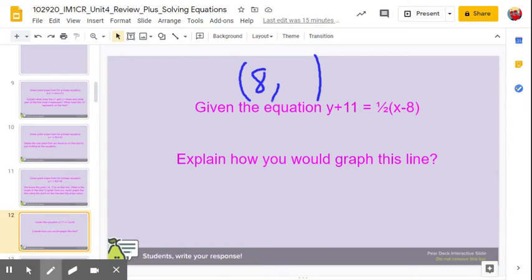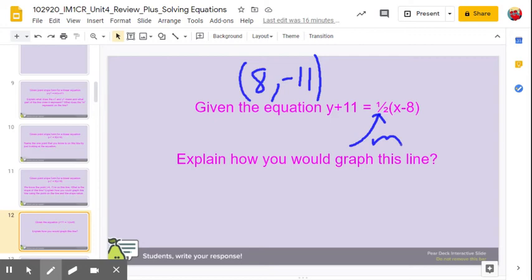And the y is going to be opposite of positive 11, which is a negative 11. All right, so it's 8 comma negative 11. So I plot that point on the graph. Then I look at the slope. The slope is 1/2. So from the point 8 comma negative 11, what do I do from that point?